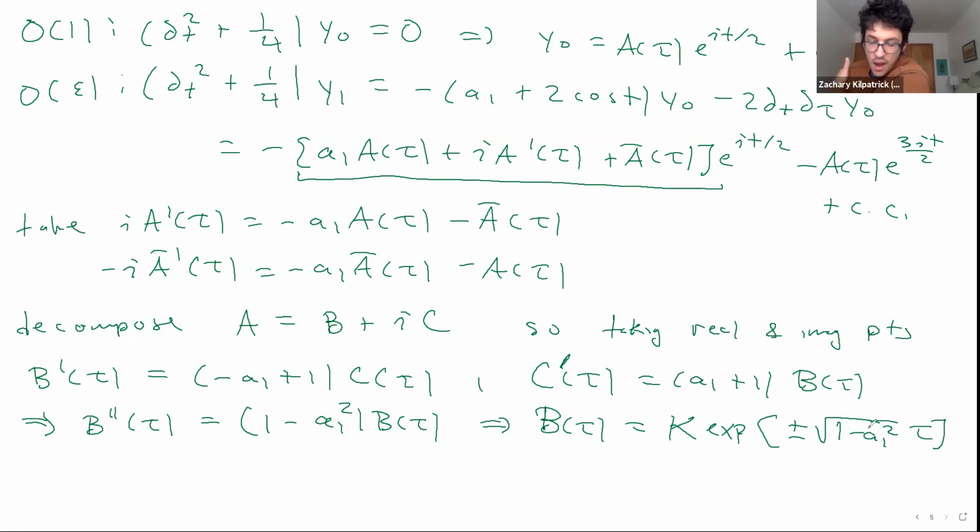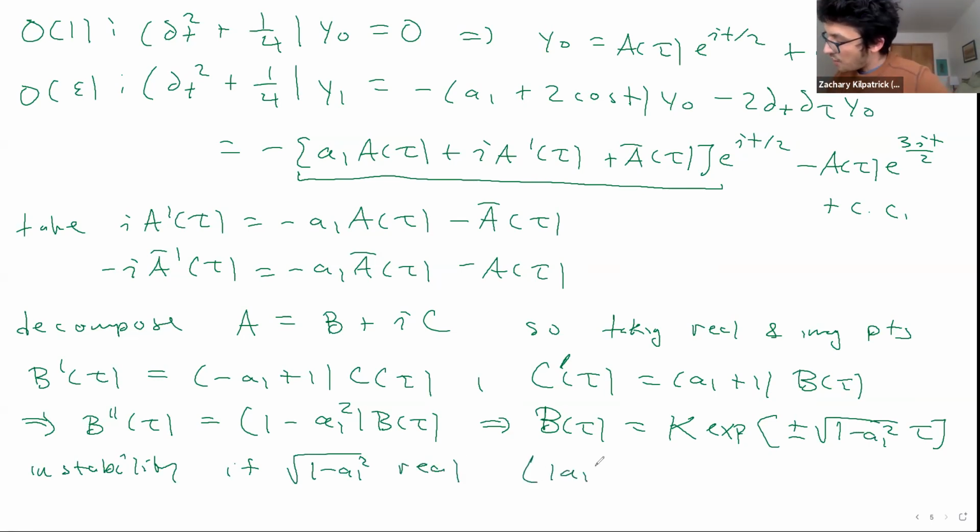Now I can choose a1 so that the real part of this is going to be 0. Remember, that's what I want. So in order to avoid an instability, I need to make sure that the square root of 1 minus a1 squared is not real.